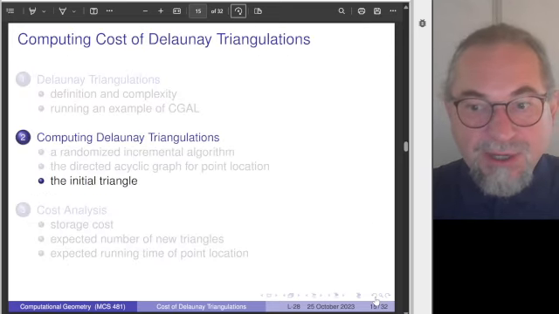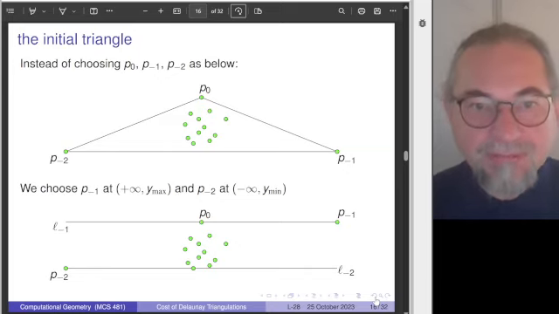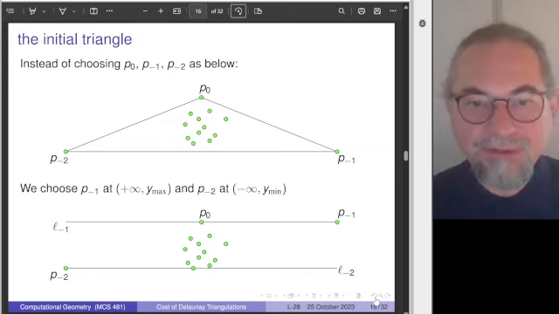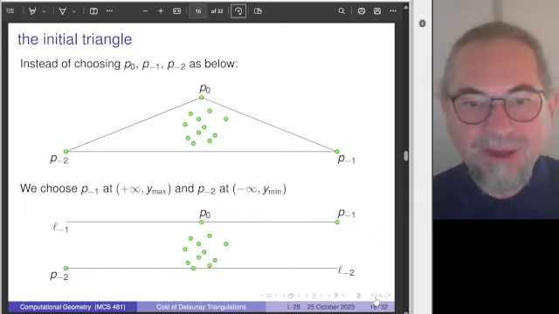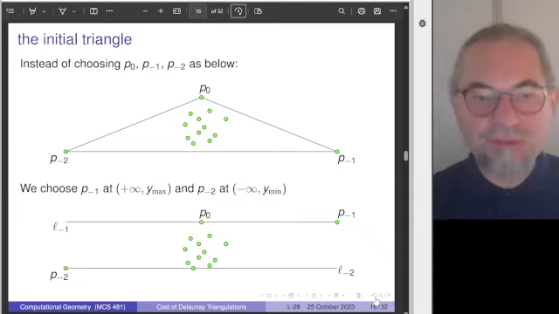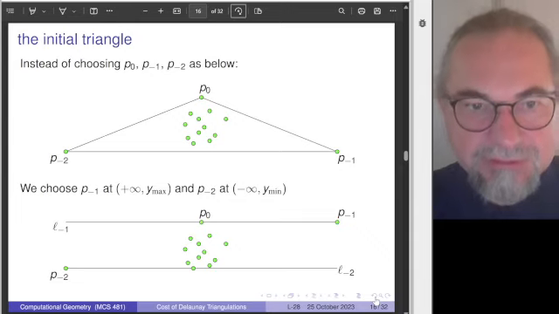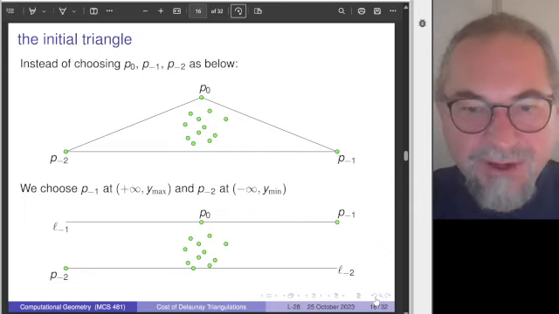I'm almost halfway, and let me say what happens when you have two highest points. Instead of having an initial triangle, you could do it differently. You could consider a sandwich construction where you have two half lines.